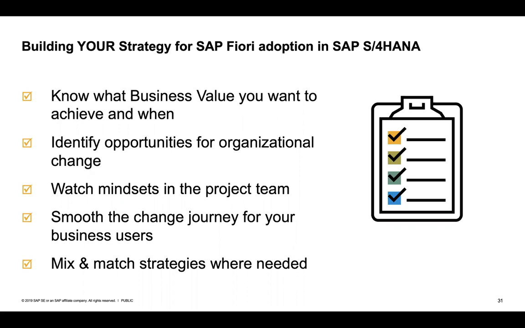There's always some part of the business that's more innovation ready than others, either because there's a big opportunity or because they're in a lot of pain. So look for those sorts of areas. Watch the mindsets in the project team. Make sure it's not your project team holding you back. There are plenty of even greenfield projects where they're putting in a brand new installation, and yet the project team is bringing all their old-fashioned business suite thinking to the table.